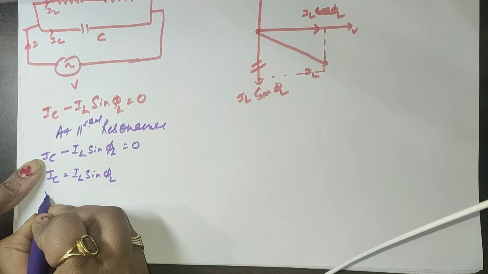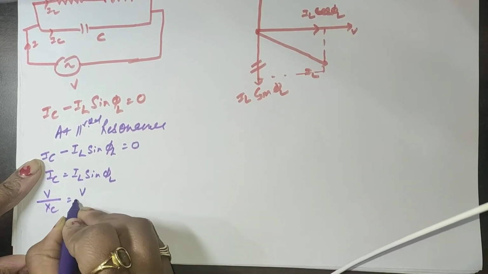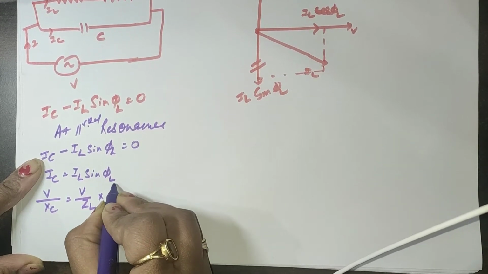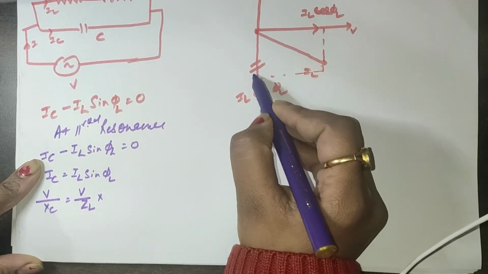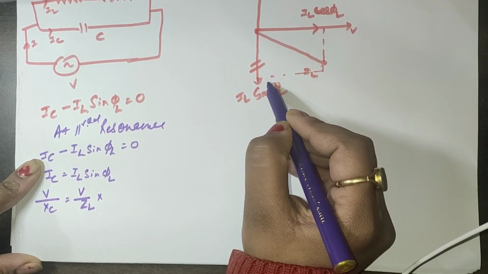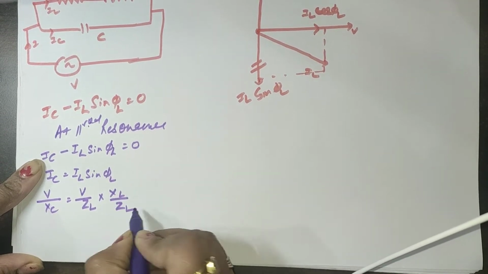IC will be V upon XC, and IL equals V upon ZL, into sin phi L, where sin phi L equals XL upon ZL.